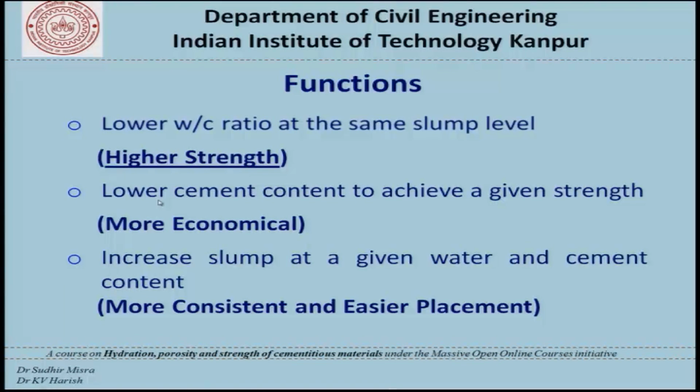The second one is to lower the cement content to achieve a given strength, and this will lead to a more economical mixture. The third is to increase slump at a given water and cement content, and this will help in giving more consistent and easier placement. So the explanation of these is provided in the table that follows.